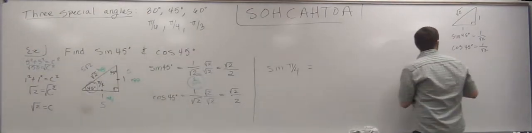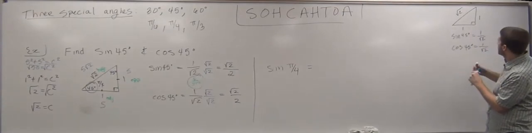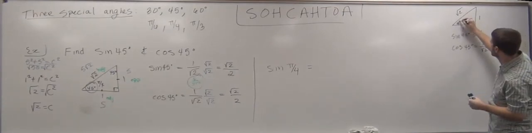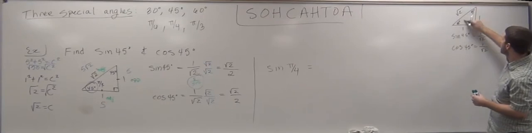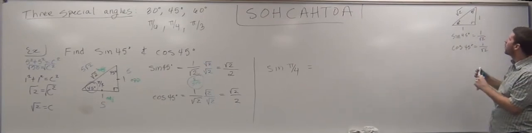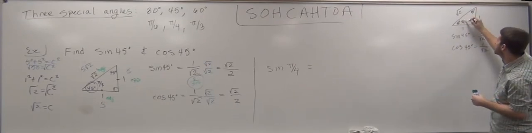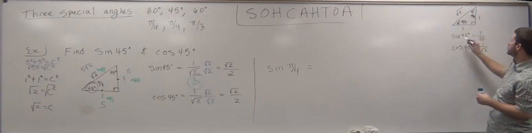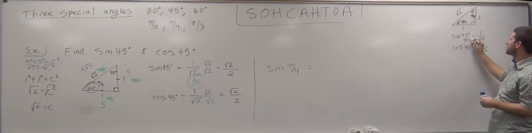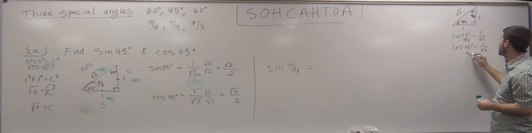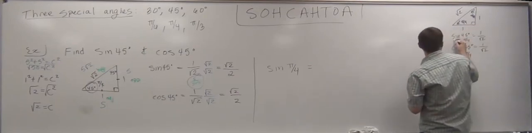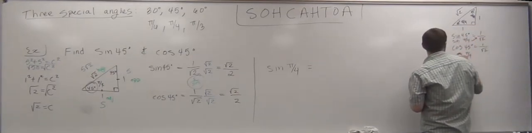So over here in this triangle that I'm keeping for you for notes, this is either a 45-45 right triangle or it's a pi over 4 right triangle, which would change these angles to pi over 4s. So sine of pi over 4 is the same thing.